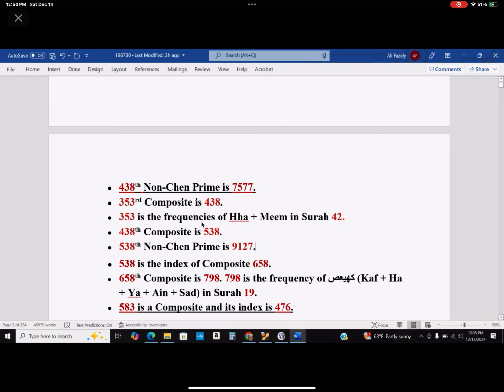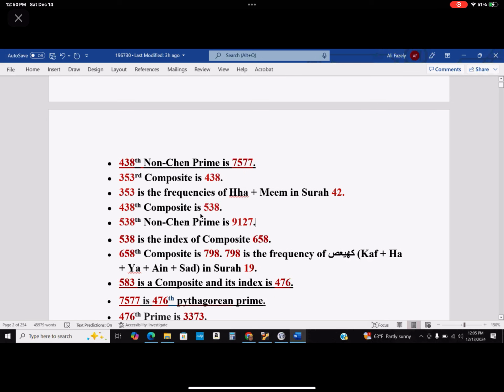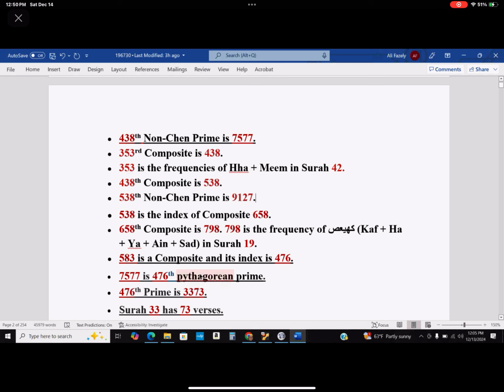It generated 798. We didn't count it. Listen to this very carefully. We generated 798 in chapter 19, which is called Mary. So 798 is the frequency of Kaf, Ha, Ya, and Sad in chapter 19.